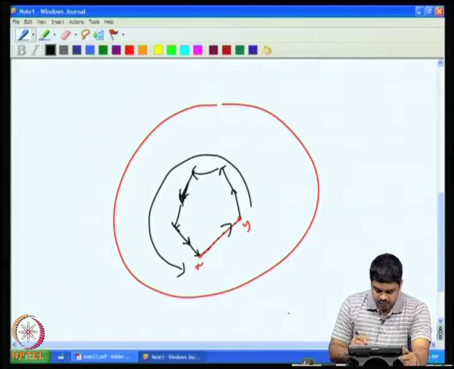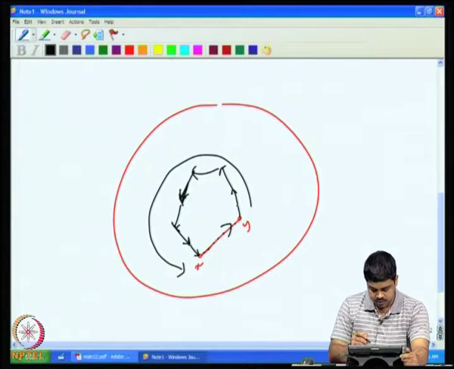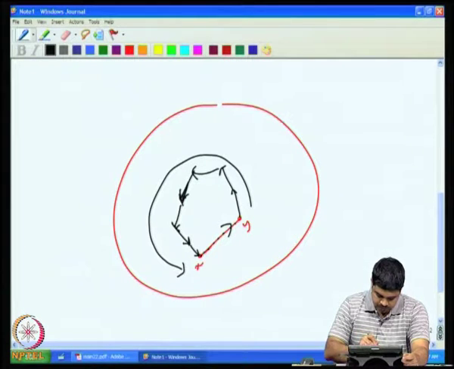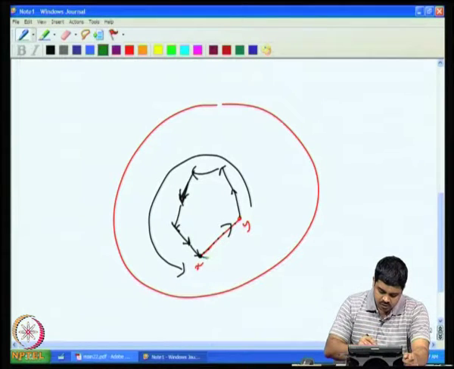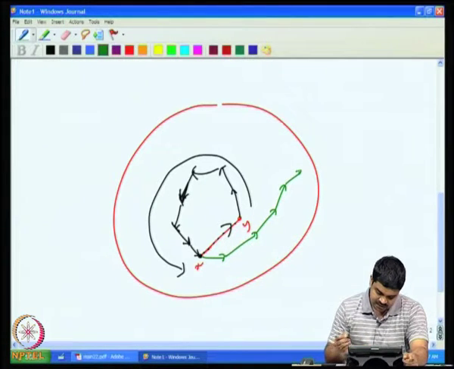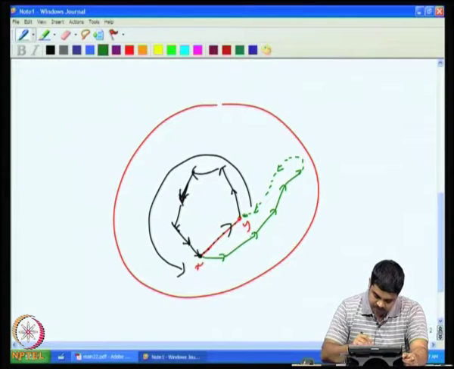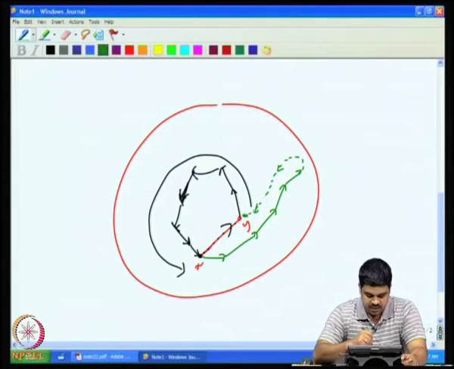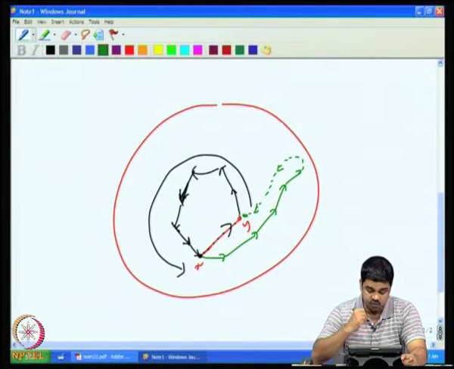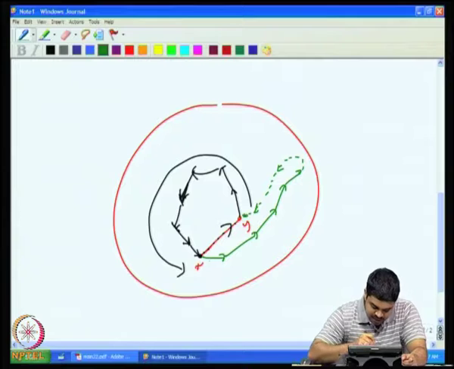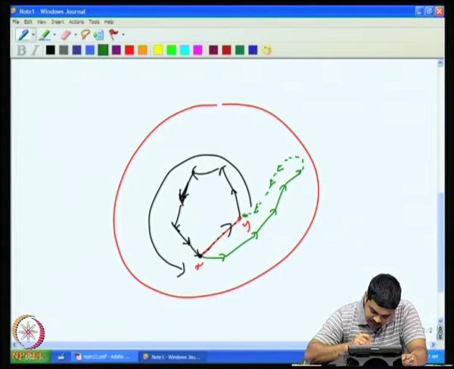And now we see, if you look at the color of x, it will actually be the length of the longest directed path in D dash starting from x, something like this. Now, the question is, is it possible to go and hit y somehow? Is it possible to include y in this longest path starting from x?